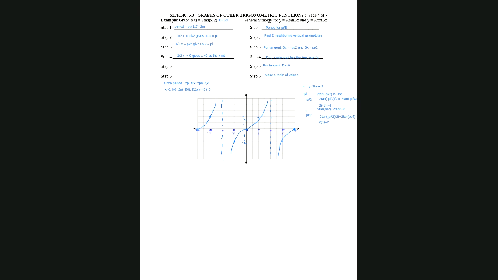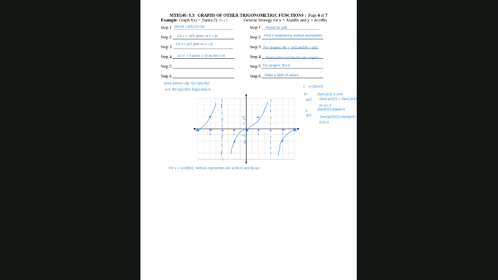Okay. So up above, we mentioned some things about the neighboring vertical asymptotes for tangent and the x-intercept in between those vertical asymptotes. Now I'm going to do the same thing down here for cotangent. So for y equals a times the cotangent of b times x, the vertical asymptotes are at b times x equals 0 and b times x equals pi.